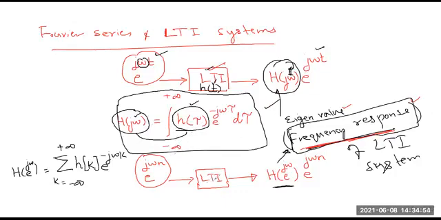In a similar manner, when you are dealing with a discrete time LTI system, in the time domain this system is completely characterized by its impulse response, which is h of n. But this time domain characteristic of the system is now represented in a different form, that is this one, which is again the frequency response.